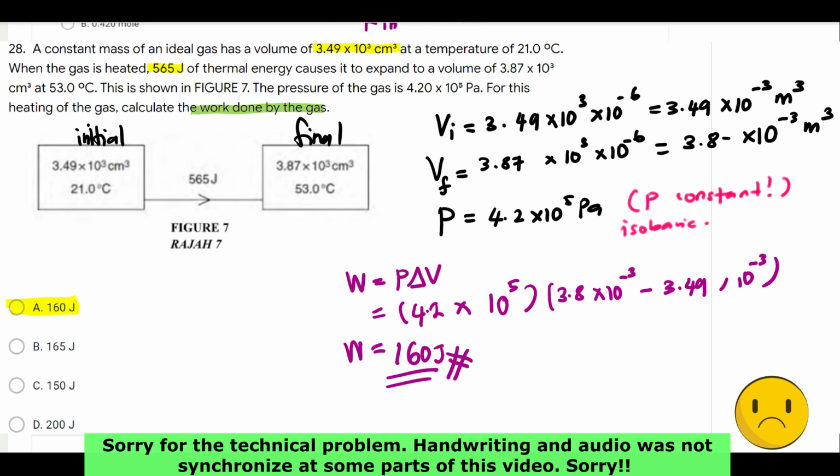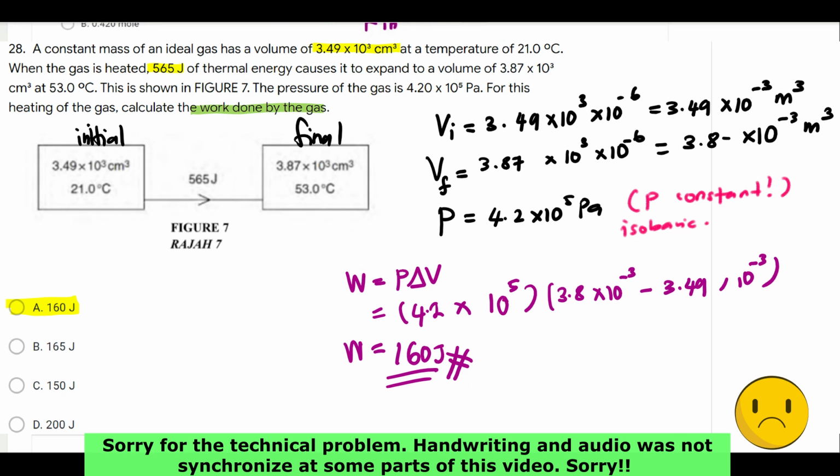Make sure you convert from centimeter cube to meter cube. And then the temperature, 21 degrees Celsius. So we have T initial and T final.